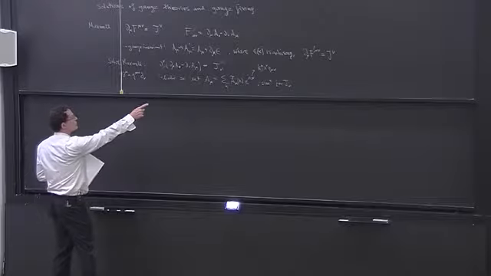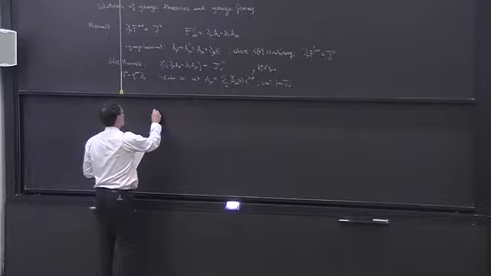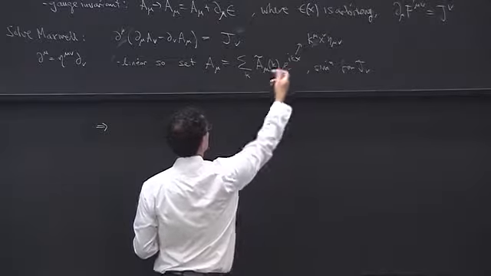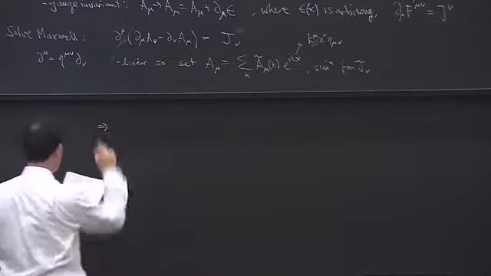So if I substitute that into the equation, when I have a derivative with respect to x, I get i k mu.